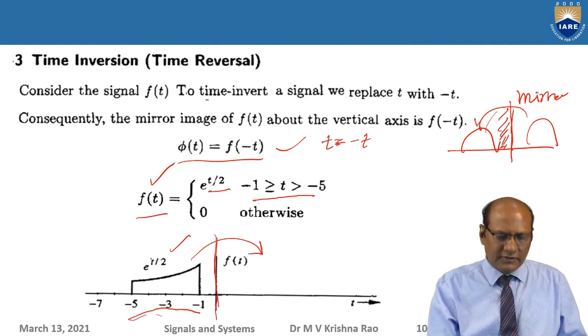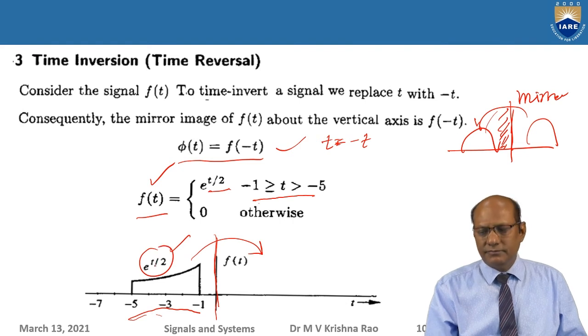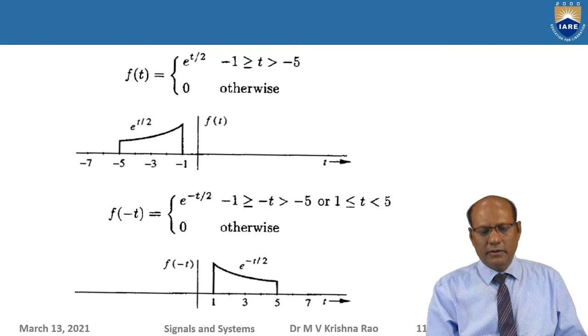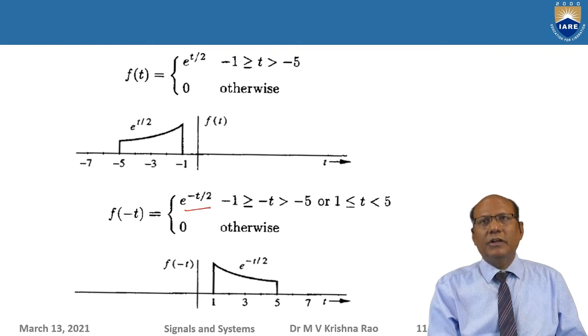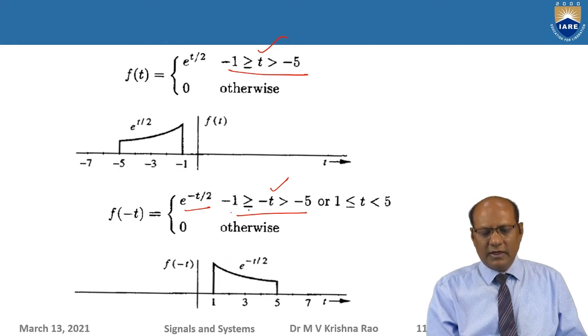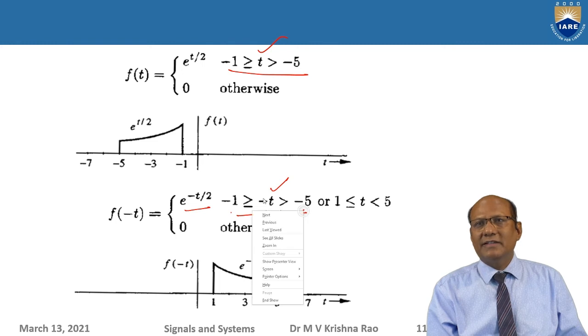So this is e to the power of t by 2. What I have to do here is substitute t equal to minus t, and here also t equal to minus t. See here, this is the range. In place of t, I have put minus t here. So -1 greater than or equal to minus t greater than or equal to -5. All are minuses.